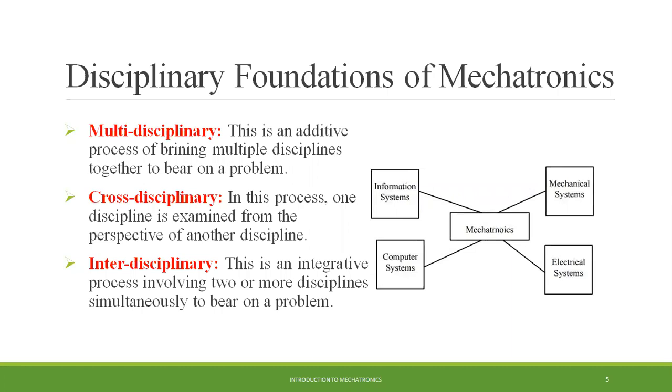Okay, what are the disciplinary foundations of mechatronics? How many subcomponents or subsystems or sub-elements exist with respect to mechatronics? Here we have a clear picture or skeleton of mechatronics.